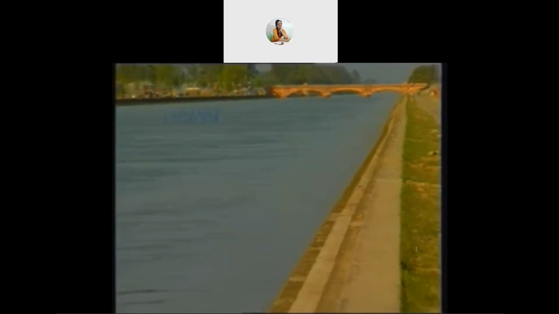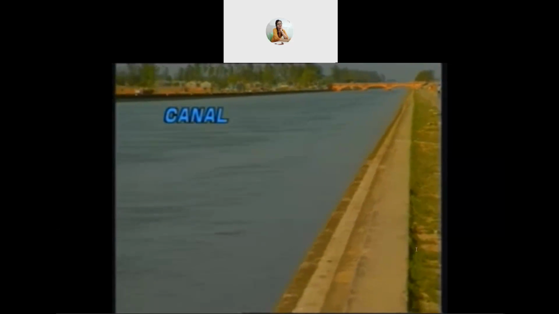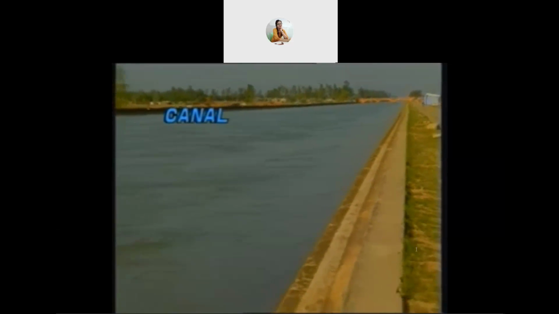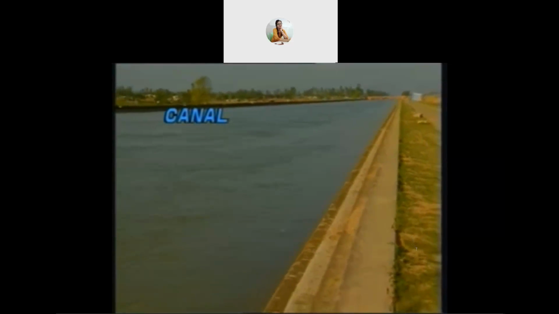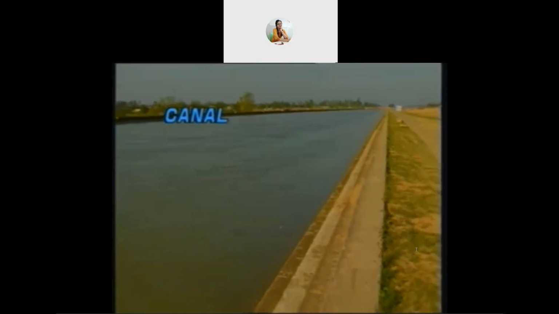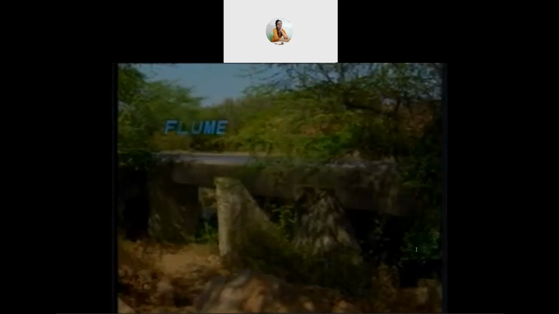The canal is a long and mild slope channel which may be lined or unlined. The flume is a channel usually supported on or above the surface of the ground to carry water across a depression.